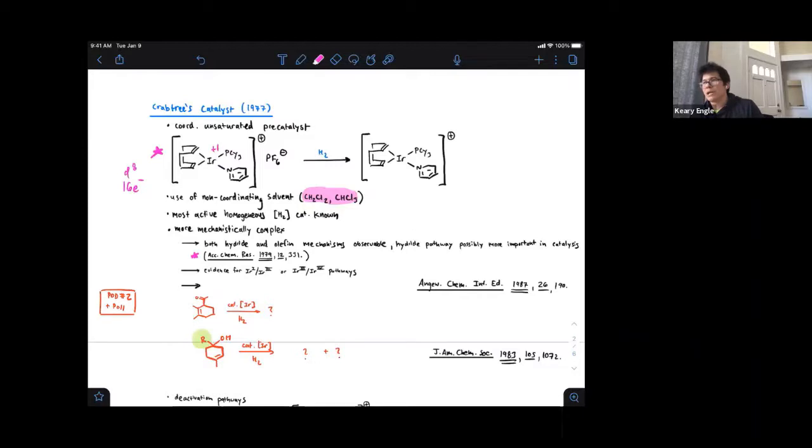So it was by some serendipity that they ran some experiments in DCM and chloroform, and found out that it's a remarkably reactive catalyst in those solvents, but not in highly coordinating solvents. It would have been really easy to miss that, and that's part of Crabtree's reflection there.